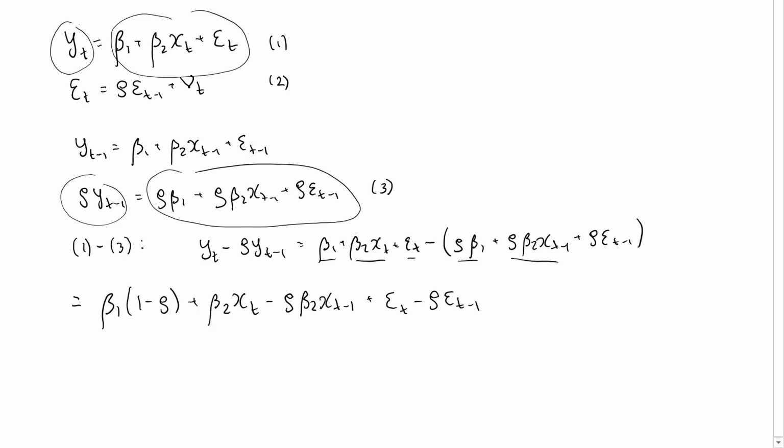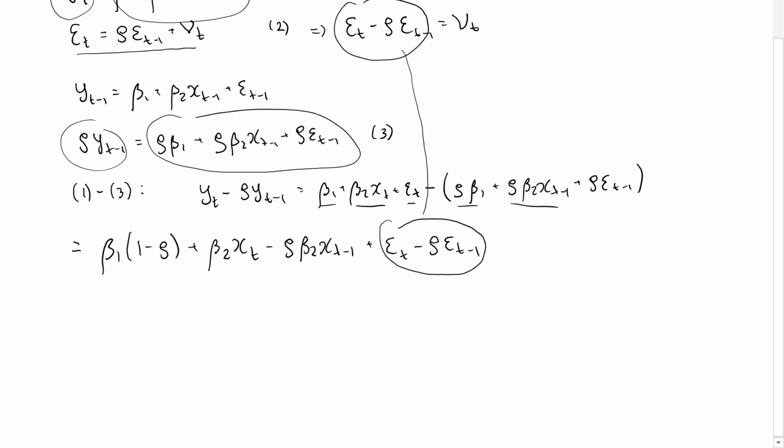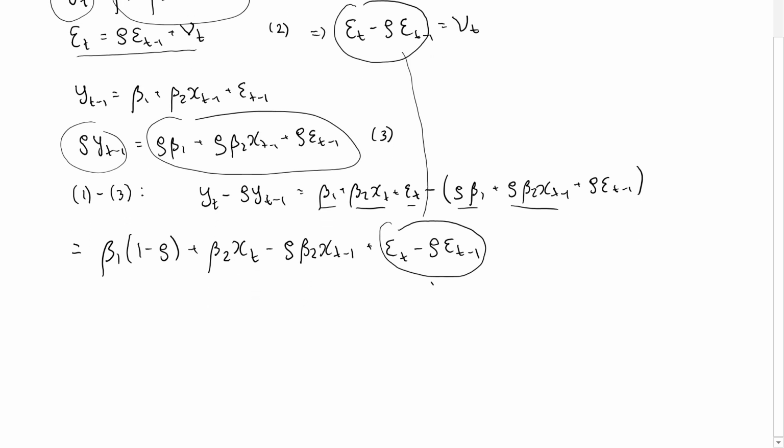The point here is if I look at equation 2, I can move rho epsilon t minus 1 onto the left hand side. Then it says epsilon t minus rho epsilon t minus 1 equal to nu t. But this part here is precisely what I have here. So I can do at least a slight simplification and write this as nu t instead. So this part is equal to this part.